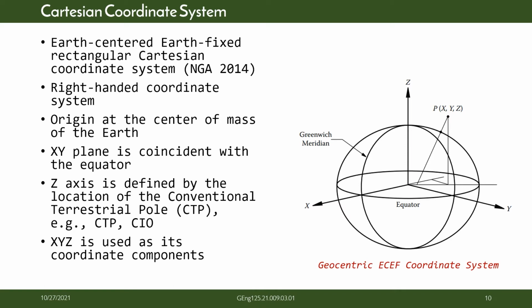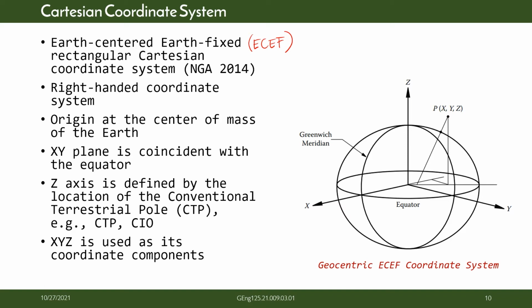As defined by the National Geospatial-Intelligence Agency, it is an Earth-centered, Earth-fixed rectangular coordinate system, or rectangular Cartesian coordinate system. So ECEF, Earth-centered, Earth-fixed rectangular coordinate system, as shown in this figure.